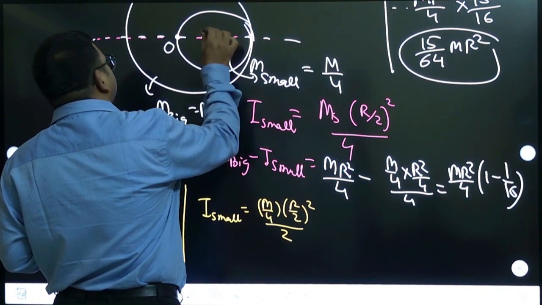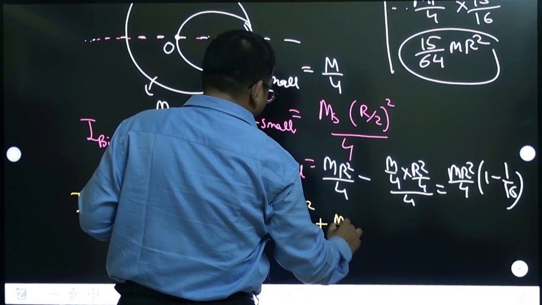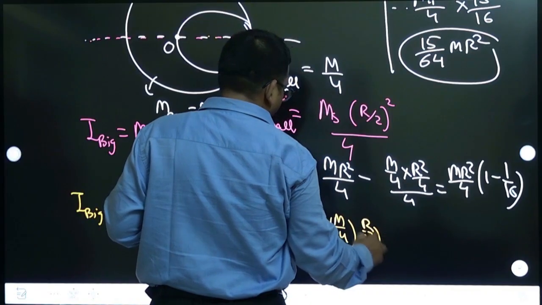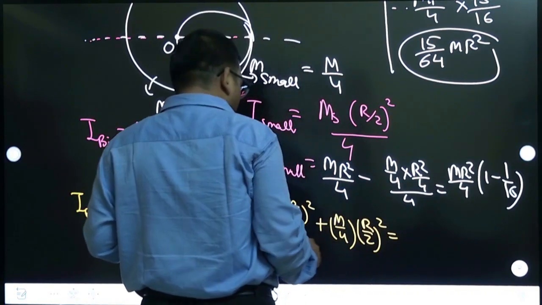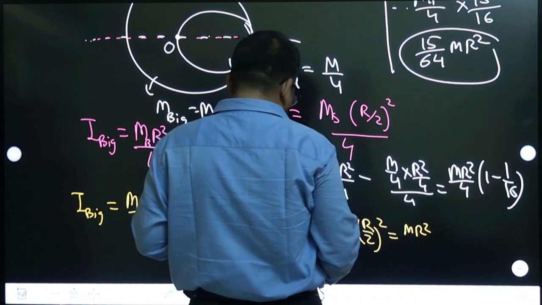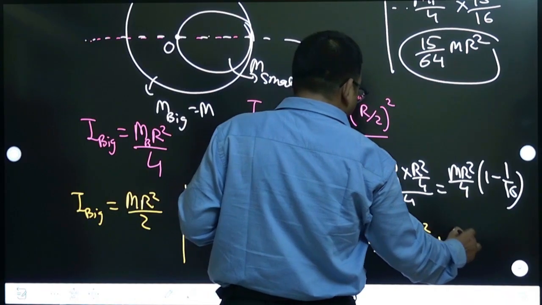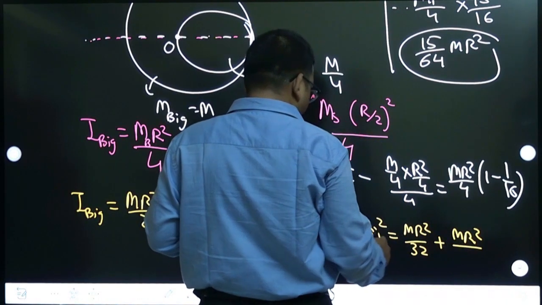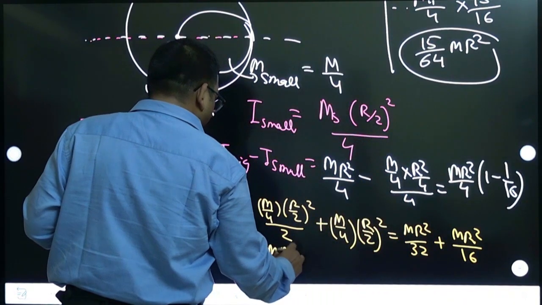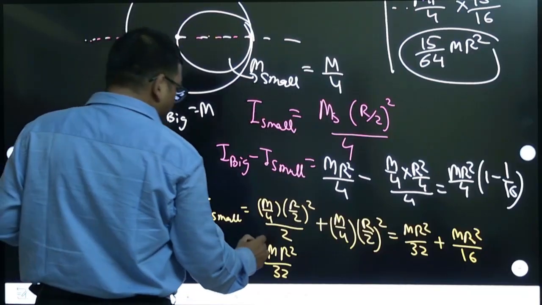Now you need to translate this about this axis, parallel axis theorem. So plus this mass into this r by 2 whole square you have to do. So check out how much it will come. So Mr square, and this is 4 into 2, 32, it will come, plus Mr square, and this is 16. So this becomes Mr square by 32, and that will become 3, right?